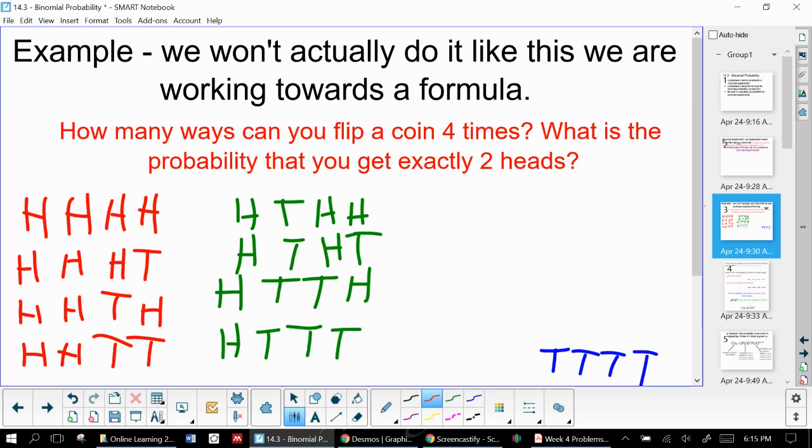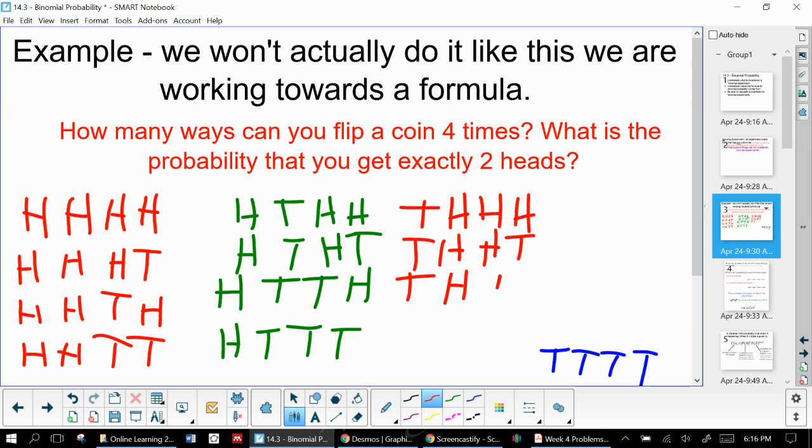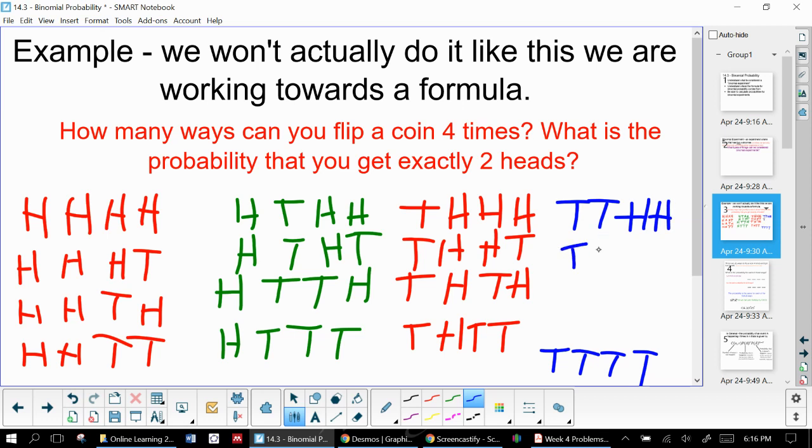And then this next group, you'd have tails, heads, heads, heads, tails, heads, heads, tails, tails, heads, tails, heads, and tails, heads, tails, tails. And then our last column, you'd have something like tails, tails, heads, heads, tails, heads.